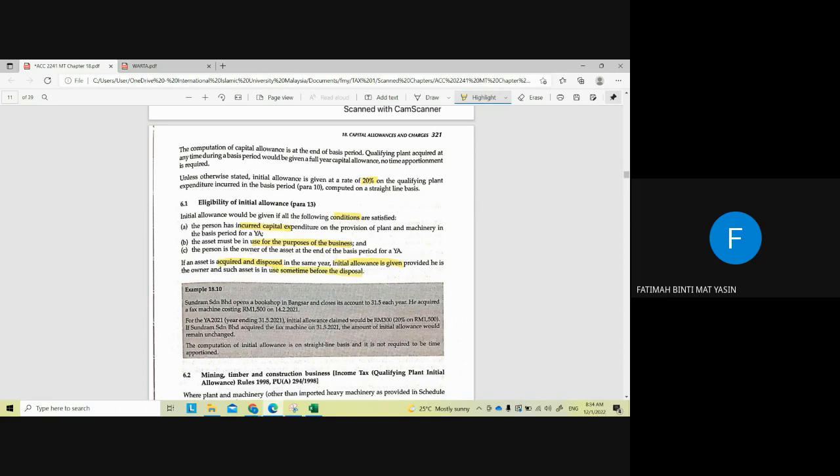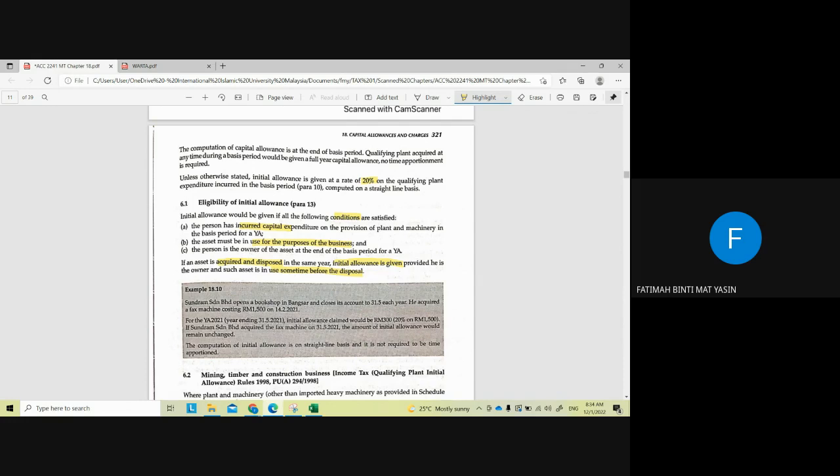Okay, so for this one, let's say your financial year runs from 1st January up to 31st December. Then in June, you acquire the asset, and you also use it for your business. Then in December, you want to dispose of the asset.